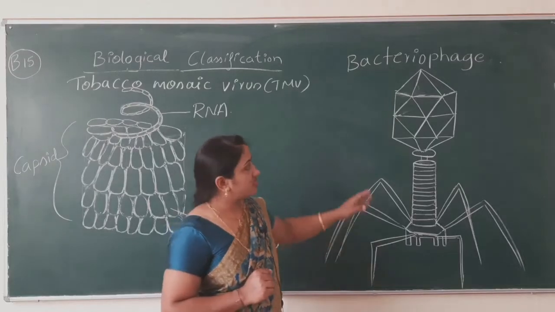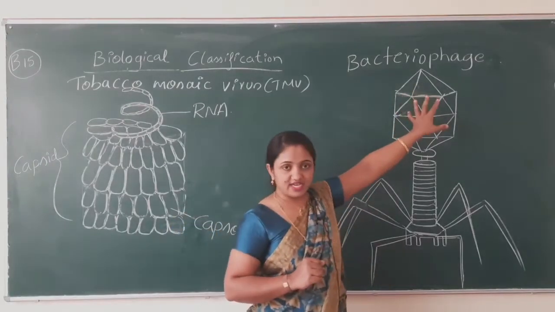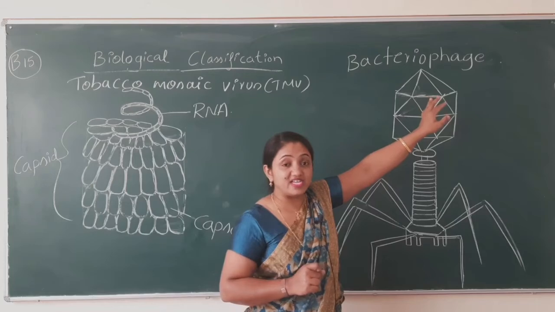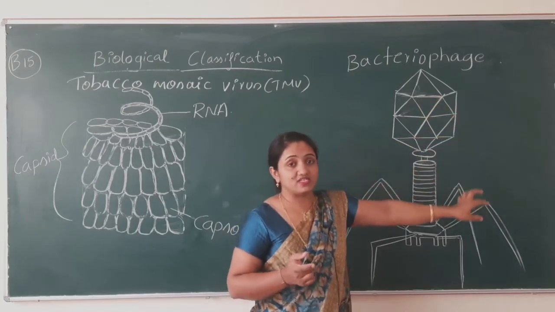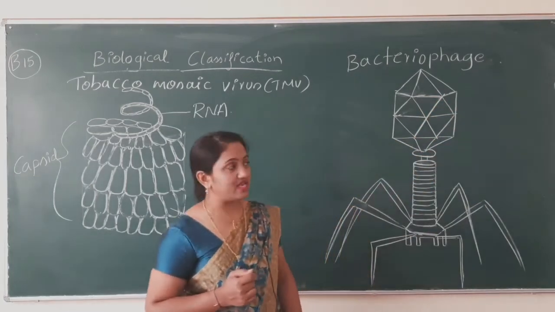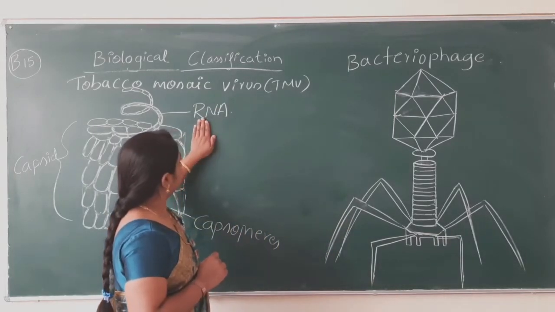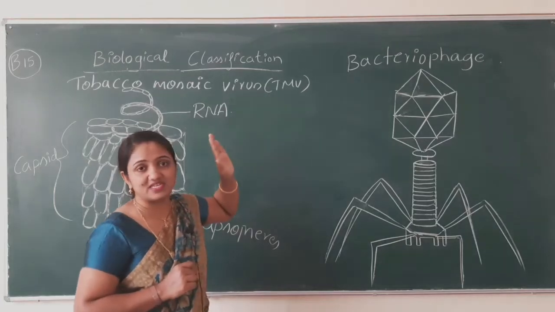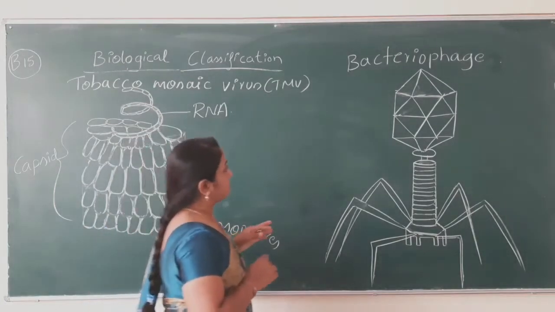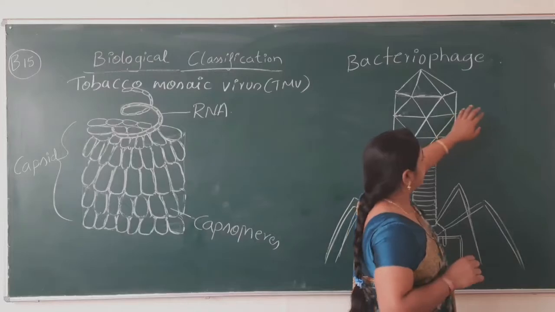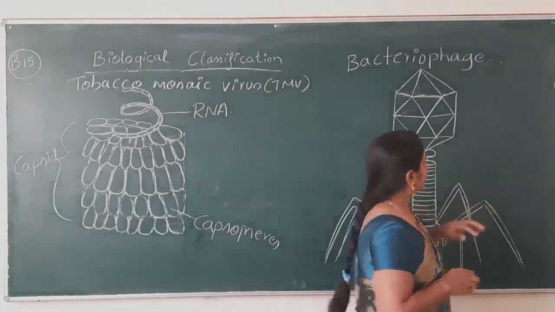It includes, no doubt, genetic material or nucleic acid in the form of DNA. In the previous diagram we studied, the genetic material is in the form of RNA. But here, the genetic material is DNA.